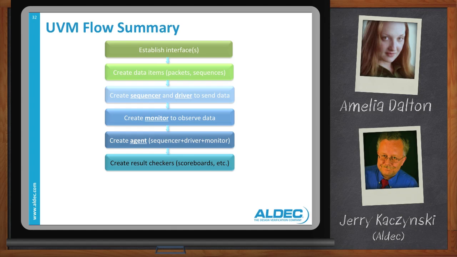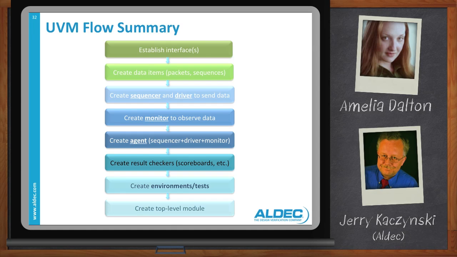Once we have our agents and checkers, we should start organizing our environment. We've got dedicated environment construct, which ties together our agents, scoreboards. And we can also create higher level tests that are ready to be run from top level module which completes our entire process of creating UVM verification environment.